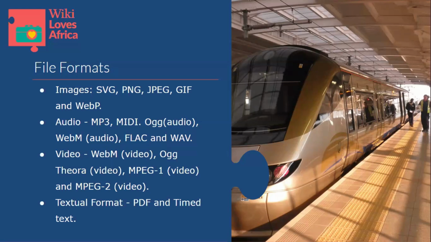Wikimedia Commons does not accept MP4 for video. Then coming to audio, we have MP3, MIDI, OGG audio, WebM audio, FLAC and WAV. Then coming to images, we have SVG, PNG, JPEG, GIF, and WebP.